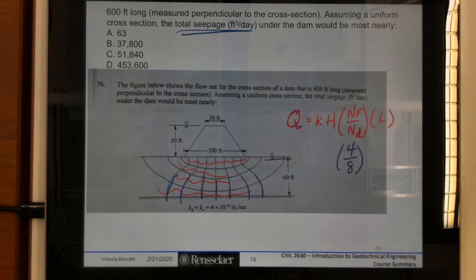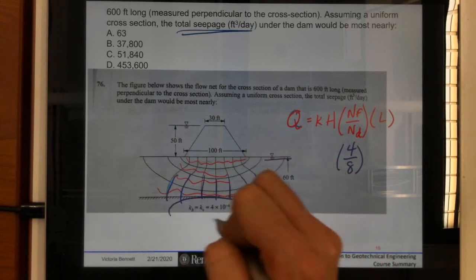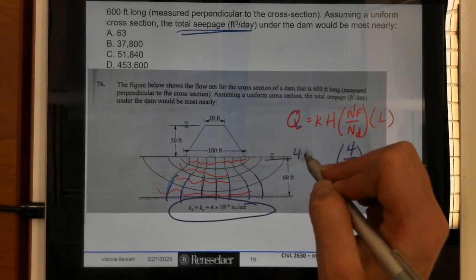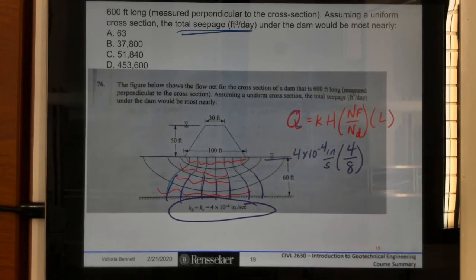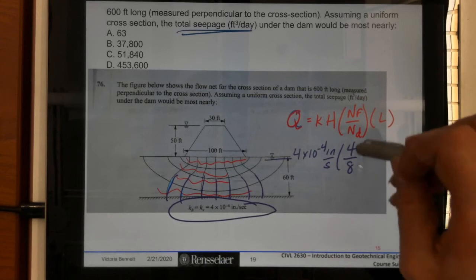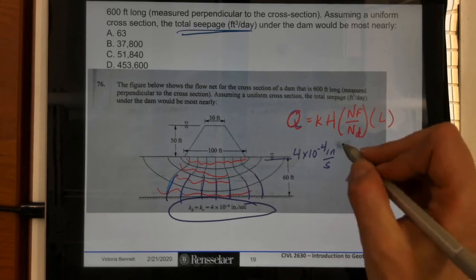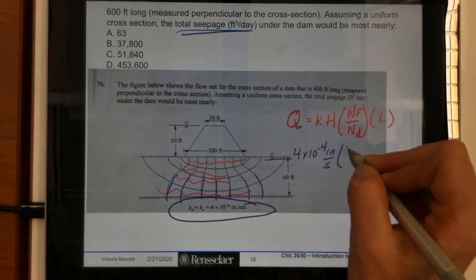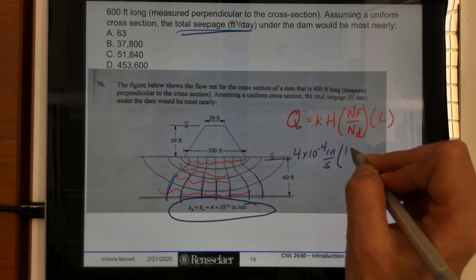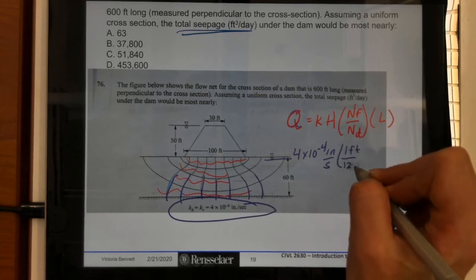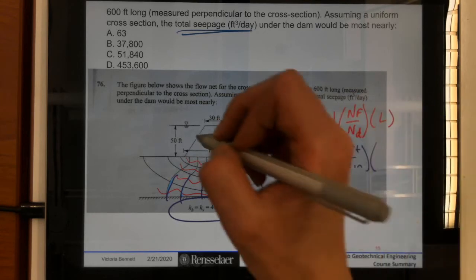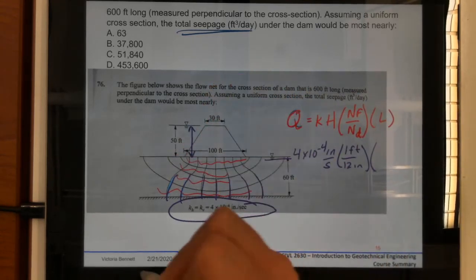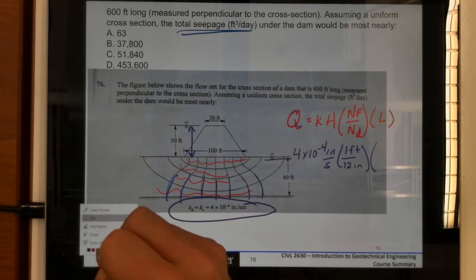The K is permeability, that's given here. So 4 times 10 to the 4 inches per second. Convert that to feet. Use the H, which is the distance between the two hydraulic heads.